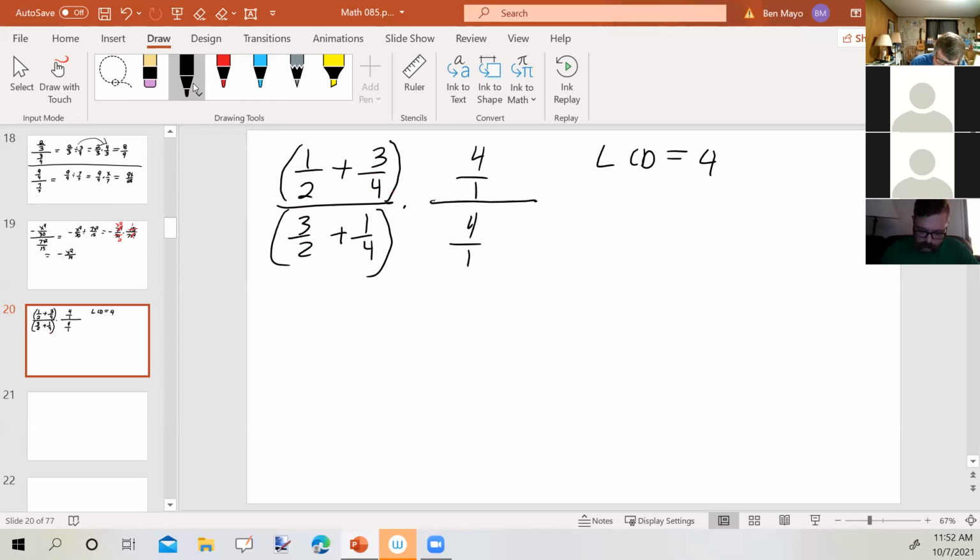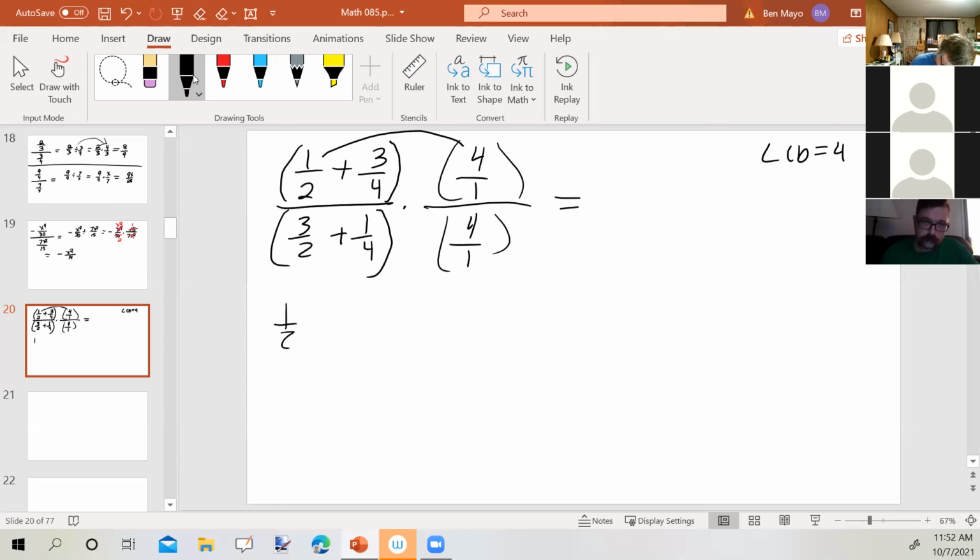In other words, the top 4 lines up there, the bottom 4 lines up there. Okay. So now we're going to distribute.